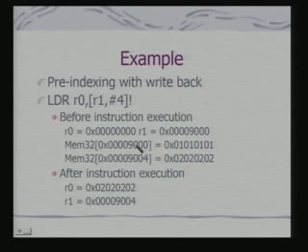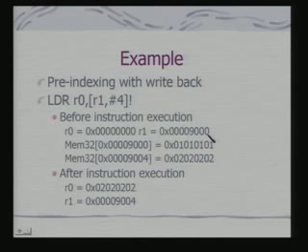Let us say this memory location has got some value, and then this memory location has got some other value. Now, this register R1, which is my base, is initially loaded with 9000.